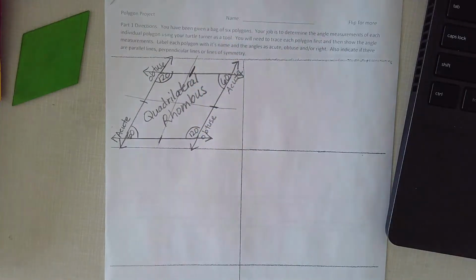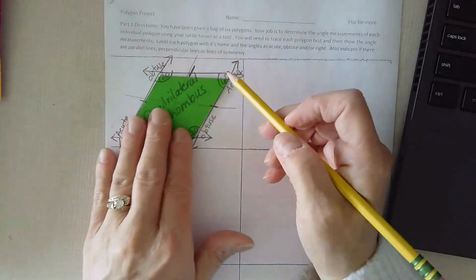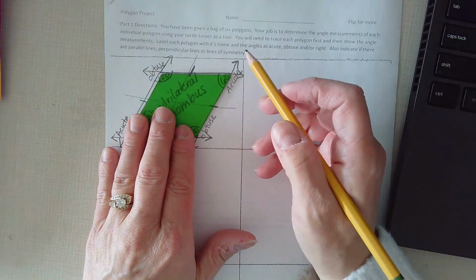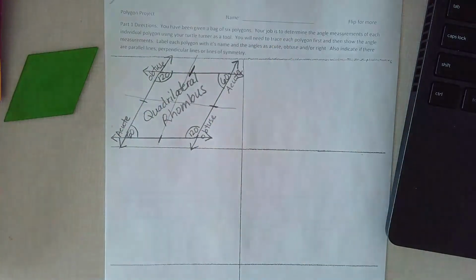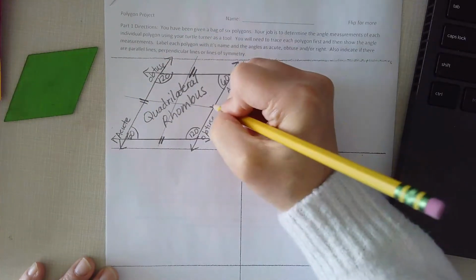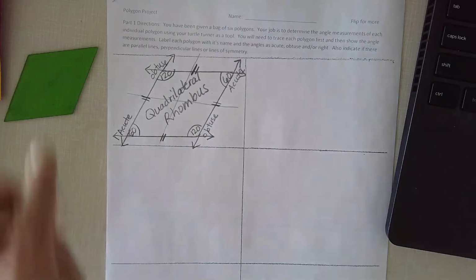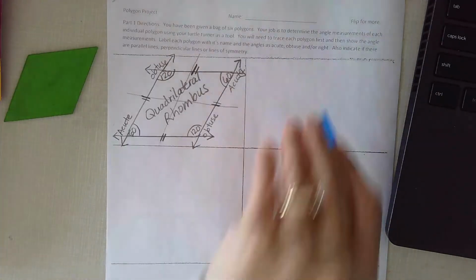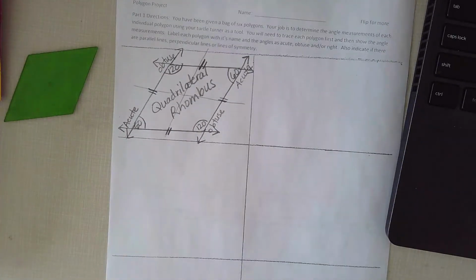If you actually measured them, you would see that these 4 sides are in fact all the same length. It's not a square because the angles are not 90 degrees, but they do have those equivalent side measurements. Okay? So you're going to do this with every single polygon. That is part 1. So I've shown you how to do part 1.